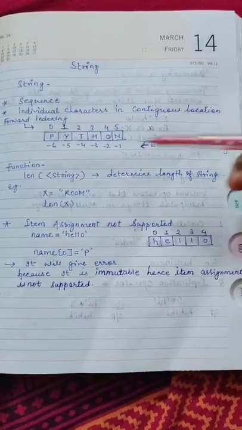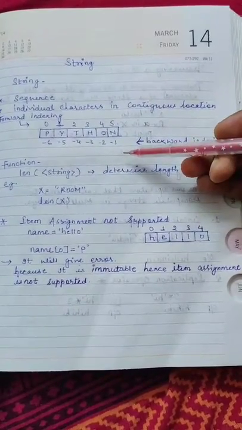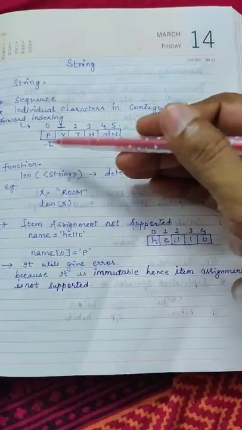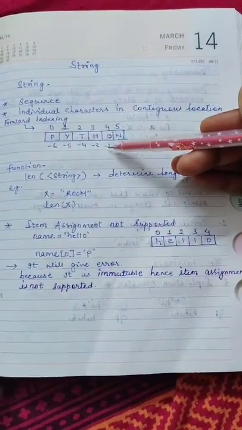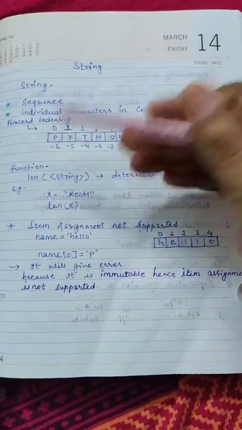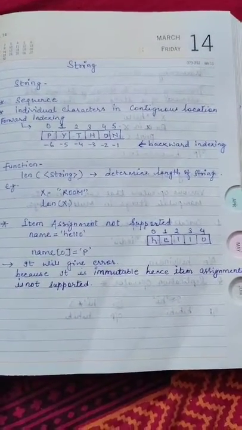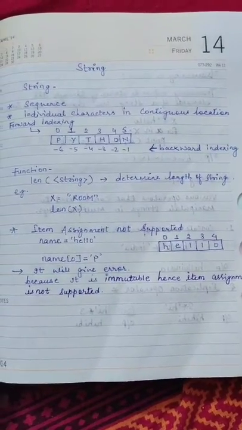Backward indexing starts from -1 till the last character: -1 -2 -3 -4 -5 -6. So this is the indexing provision in a string.